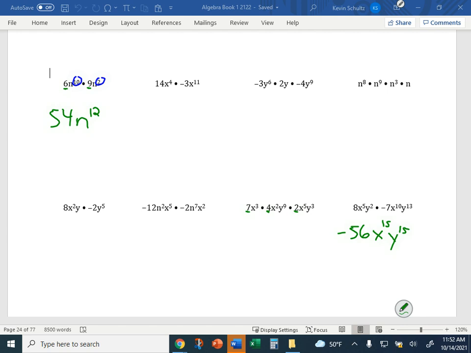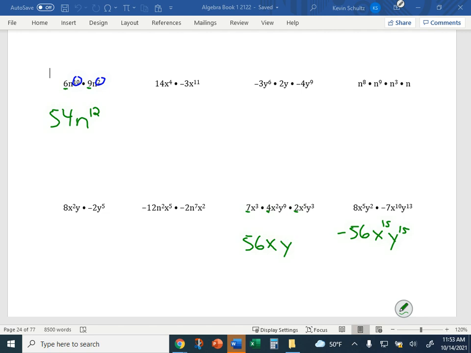But those 3 coefficients multiplied together give us, Lila, 56. Okay? We only have two bases though, right? We've got some x's, we've got some y's. The question is how many x's and how many y's? What exponent do I put above my x base? Take a look at it. We got 3 in the first term, x cubed. We have an x squared in the second term, so that's 2 more. X to the fifth in the third term, that's 5 more.